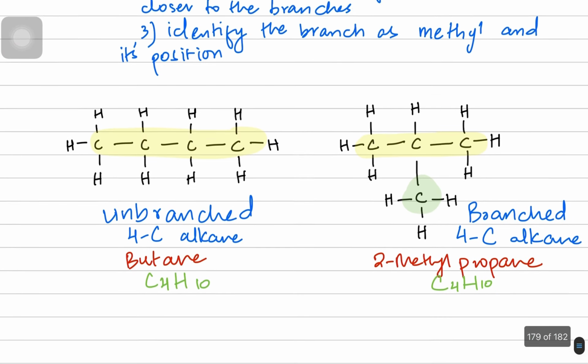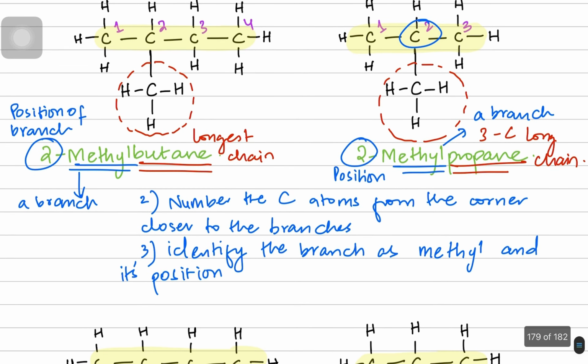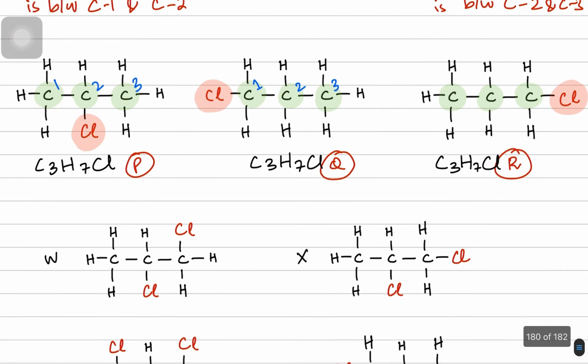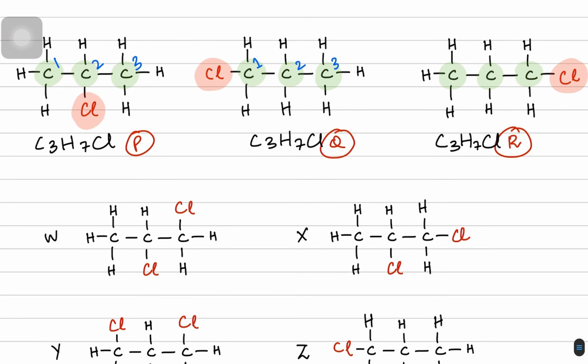If you look at rule number 2, it says number the carbon atoms from the corner closer to the branch. So not only the branches, it is also for functional group atoms like the chlorine atom. So instead of numbering it from random directions, I'm going to number it from the left side. For structure R, the structure on the right side, I would rather number it from the right hand side because the chlorine is towards the right hand side.